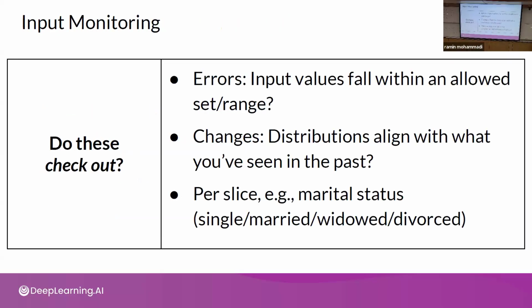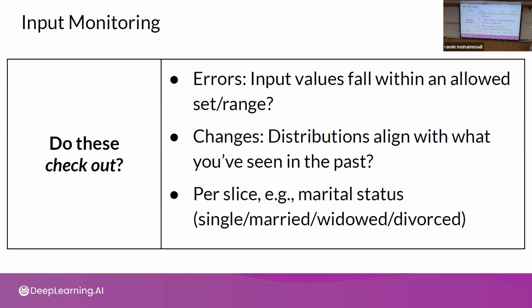Okay, just check for the following thing: input values that fall within a range, this change of the distributions, or basically per slice, that's also important. So slicing is not only a metric that you do during validation. It should be actually during your serving also, because if you remember, if you don't slice your data, what happens? If you only look at the aggregated result or average result, you only know the answer with respect to average.